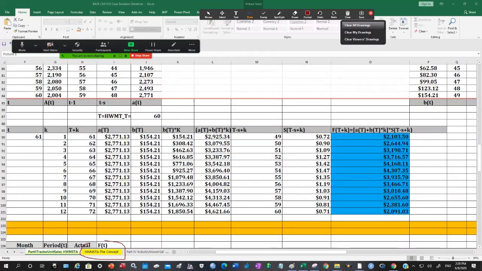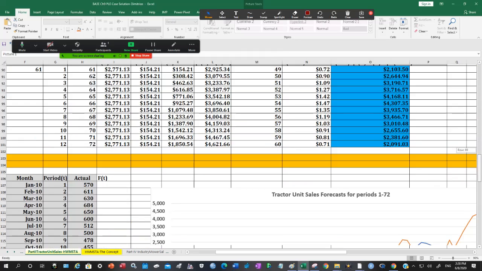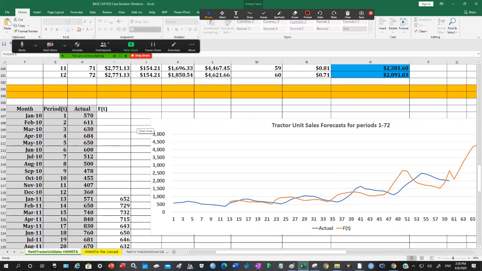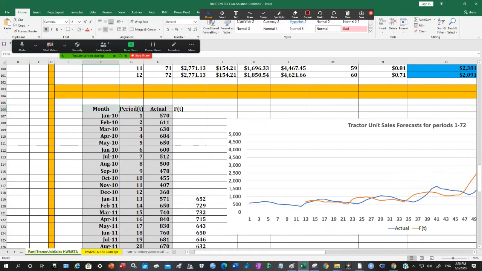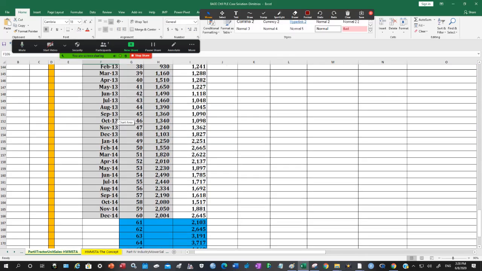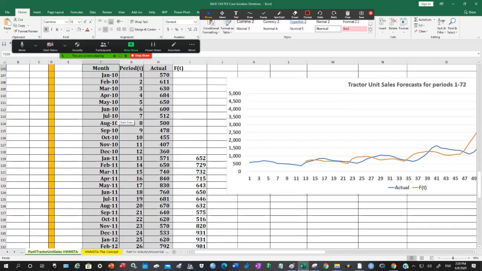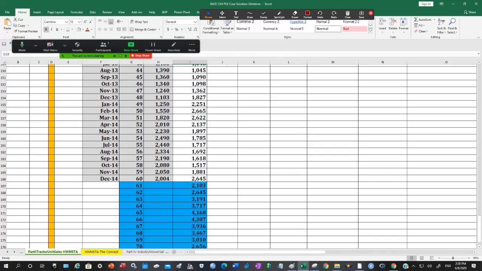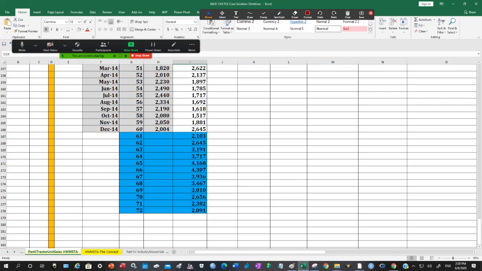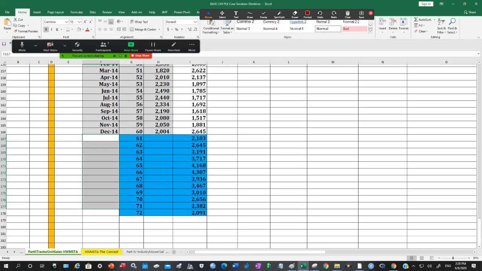Okay, and what I do at the end, I take all of my data from the first period all the way to 60, and you see that in these first 60 months, I do not have forecasts for the first 12, and then in months 61 through 72, I do not have actuals, but I have forecasts.